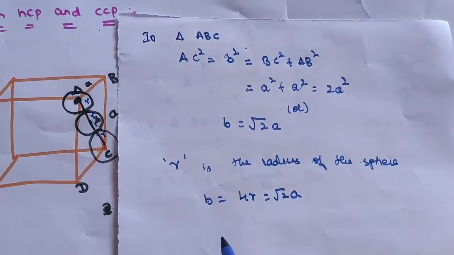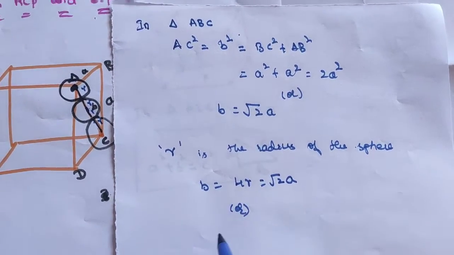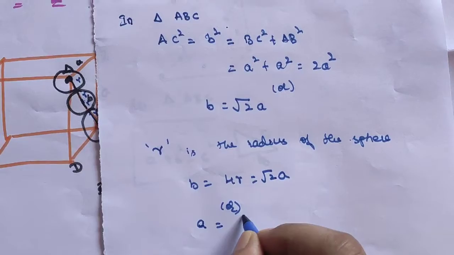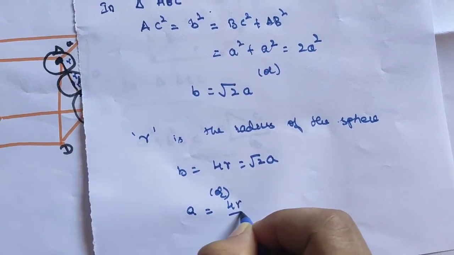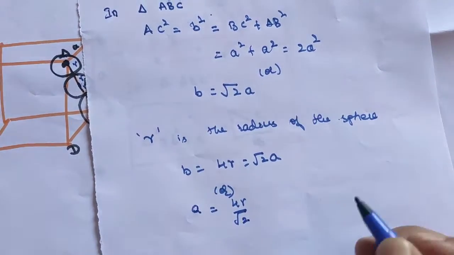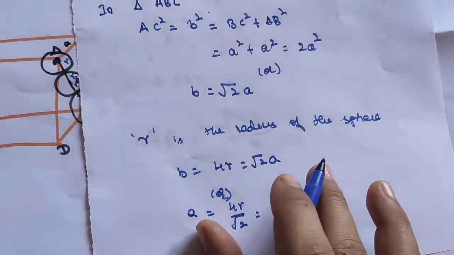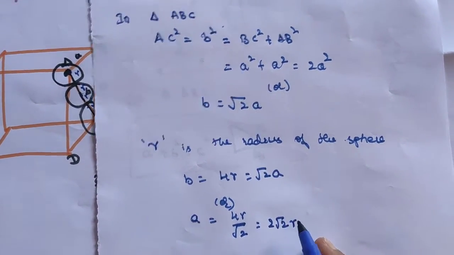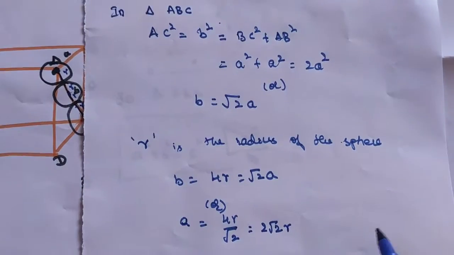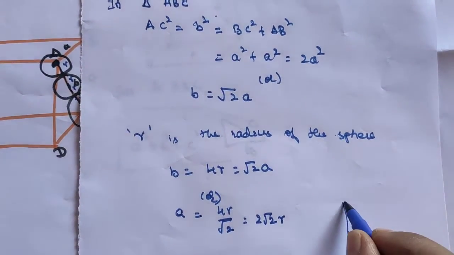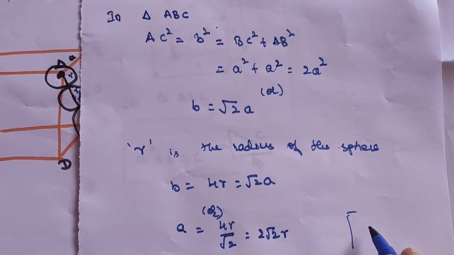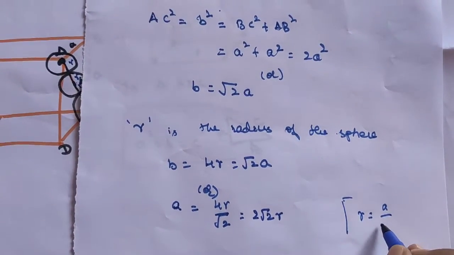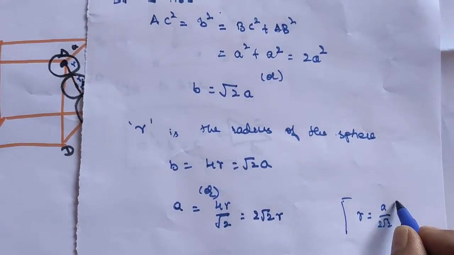Or you can take it this way also: A is equal to 4R by root 2. On simplification we get 2 into root 2 R, or we may also write R is equal to A by 2 into root 2.